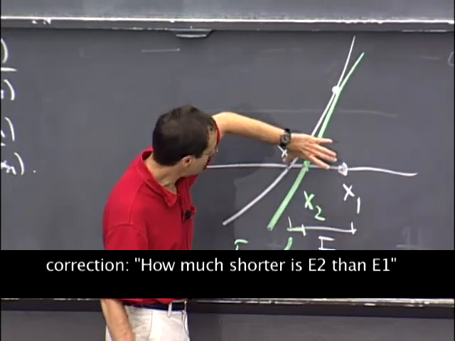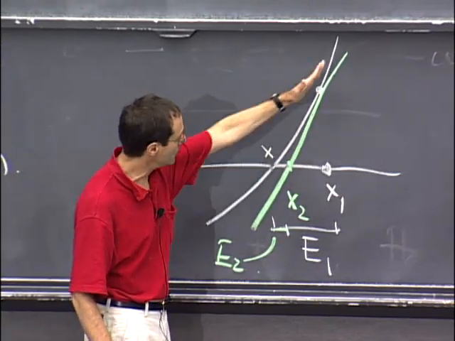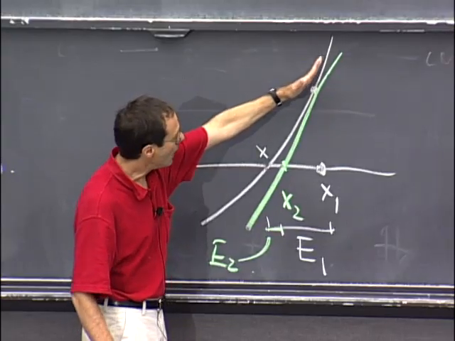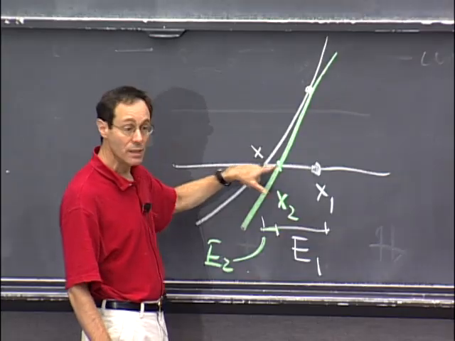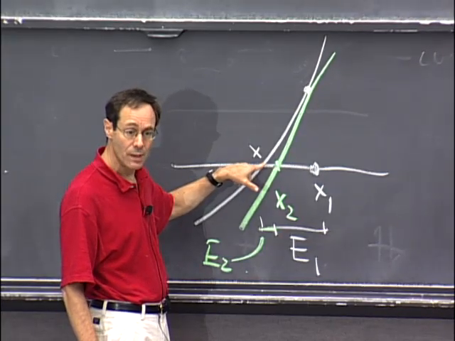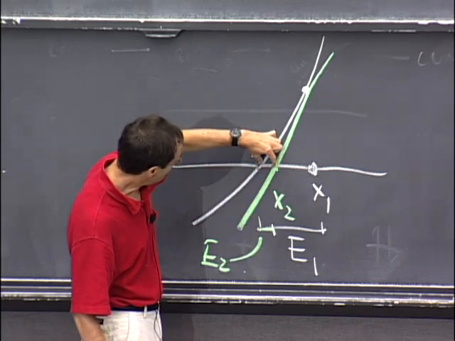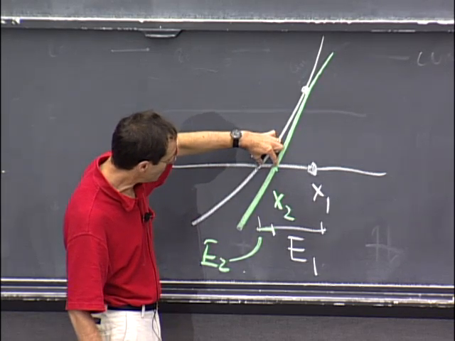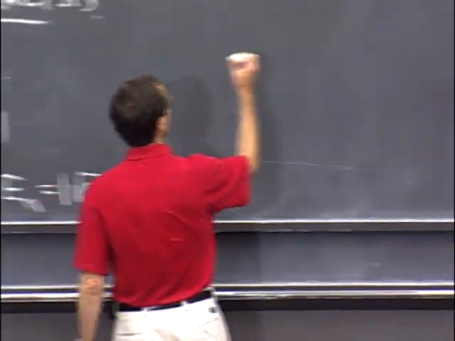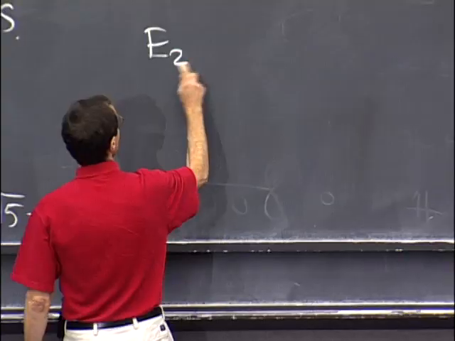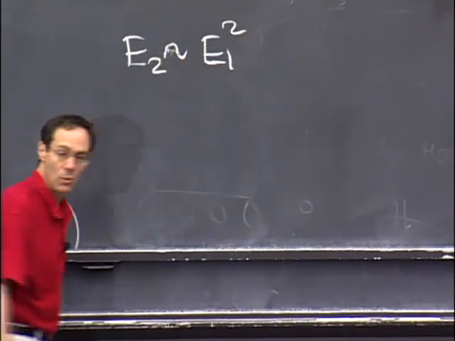If this distance and this vertical distance are probably about the same as the perpendicular distance, and this is basically the situation of a curve touching a tangent line, then the separation is going to be quadratic. And that's basically what's going to happen. So in other words, the distance E2 is going to be about the square of the distance E1. And that's really the only feature of this that I want to point out. So approximately, this is the situation that we're going to get.